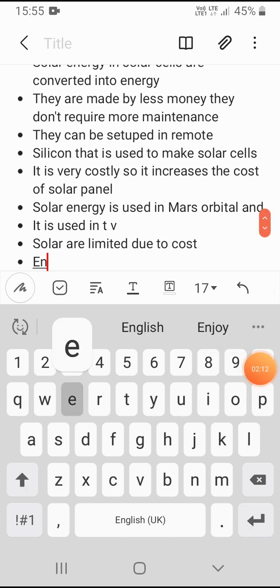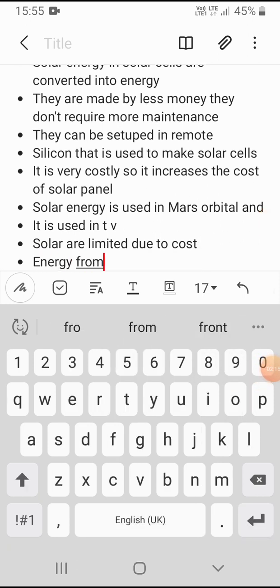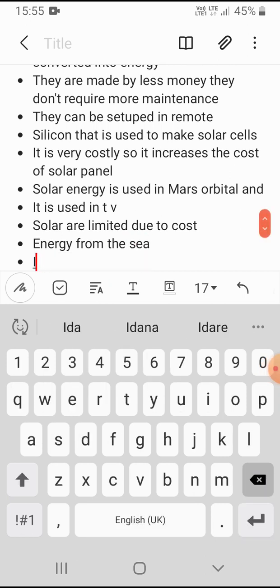So how do we get energy from the sea? First, tidal energy.